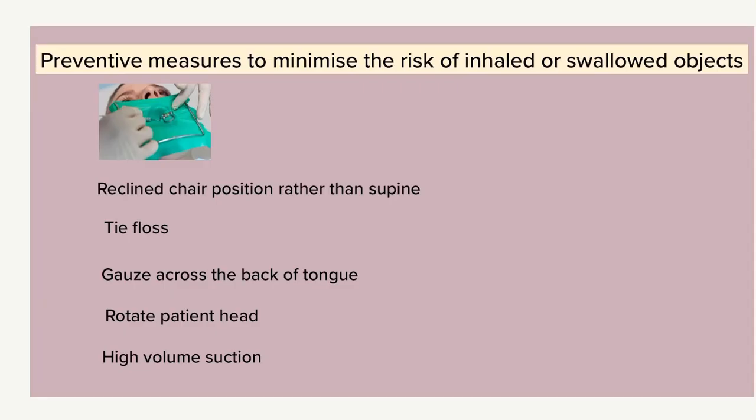The preventive measures to minimize the risk of inhaled or swallowed objects. If possible, use a rubber dam for procedures with a high risk of inhaling or swallowing a foreign body.